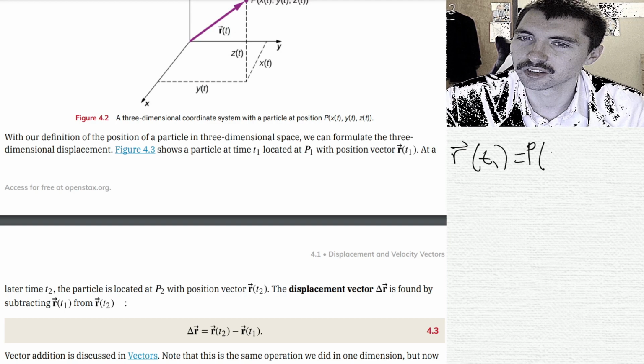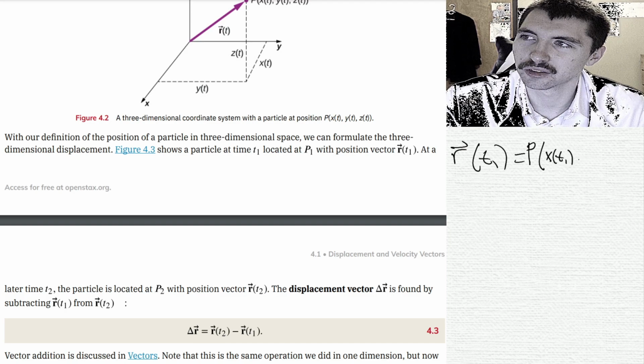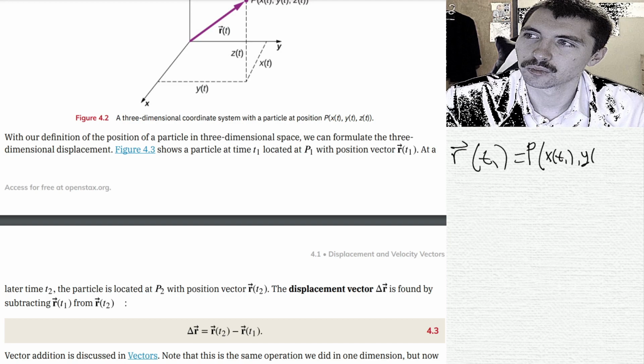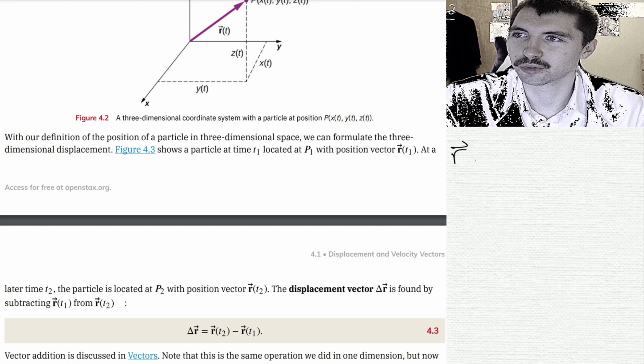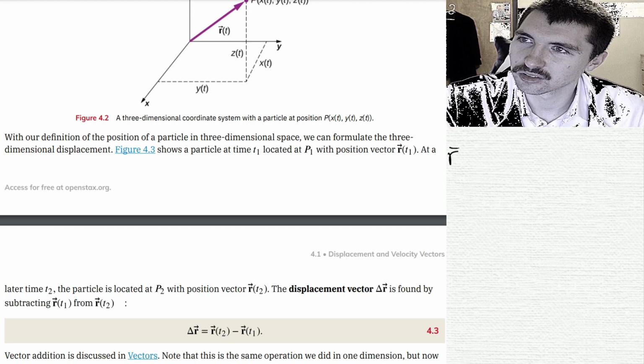Your x position is x t1, y t1. Okay. Actually, we're gonna have to get more compact than this.